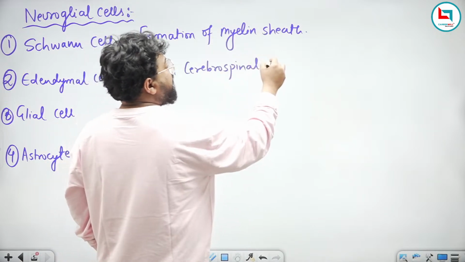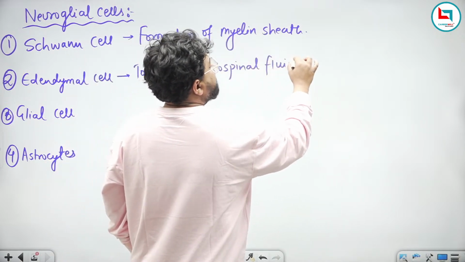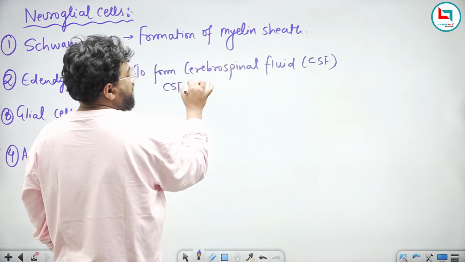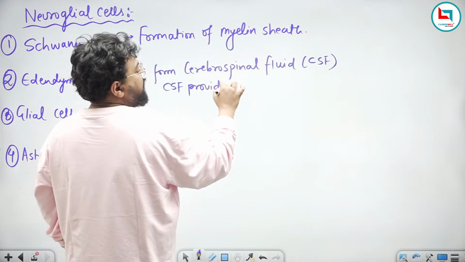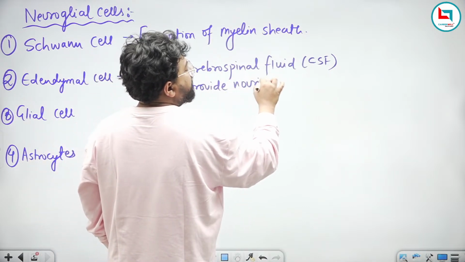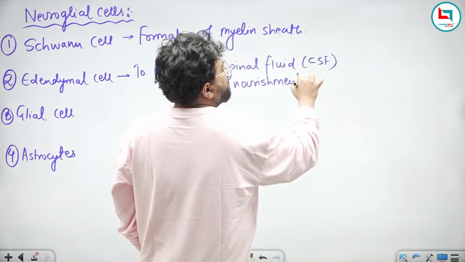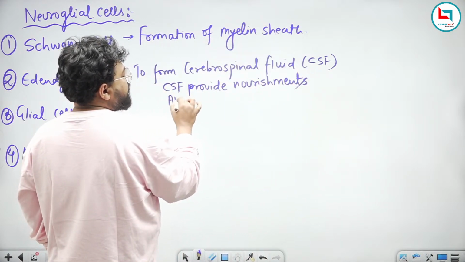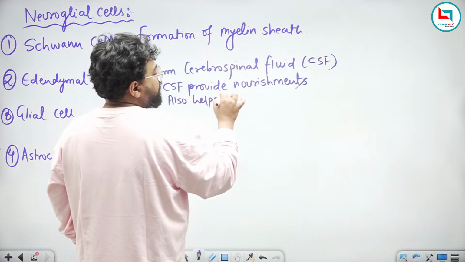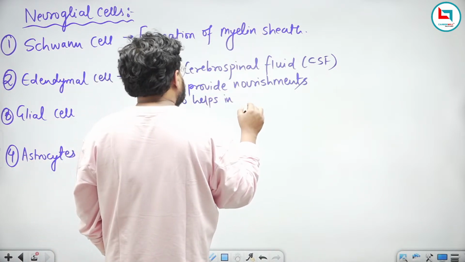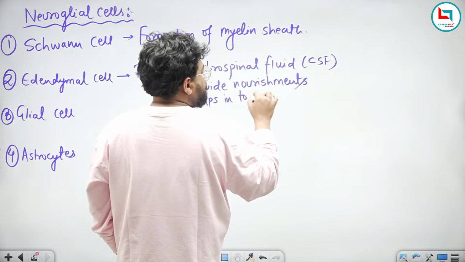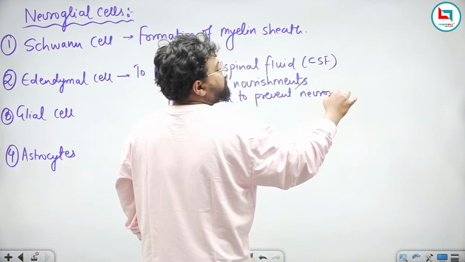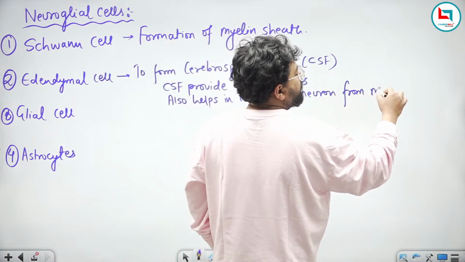This cerebrospinal fluid, in short CSF, provides nourishment to these cells, that is neurons. It also helps to prevent neurons from mechanical injury or shock.